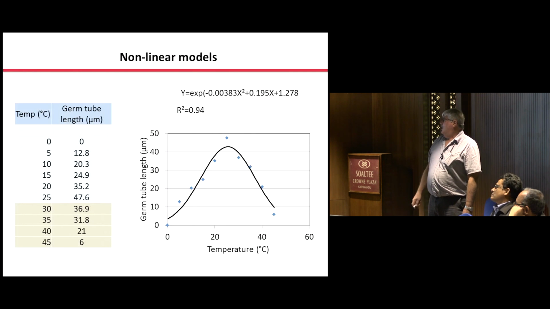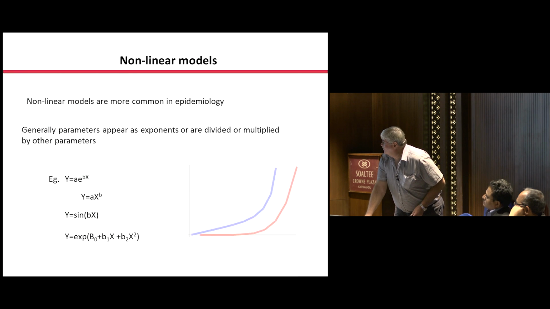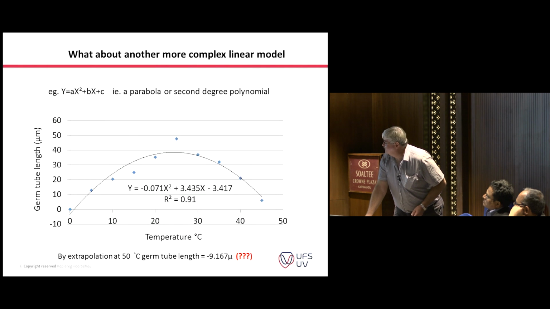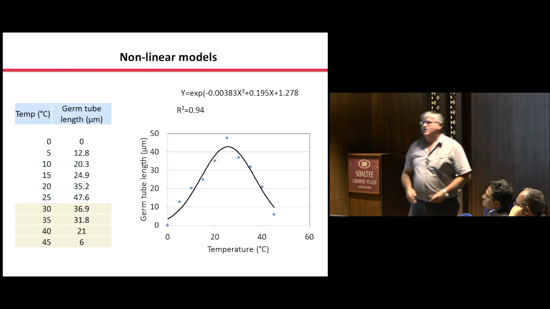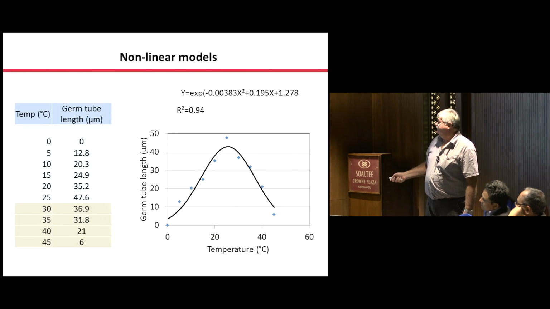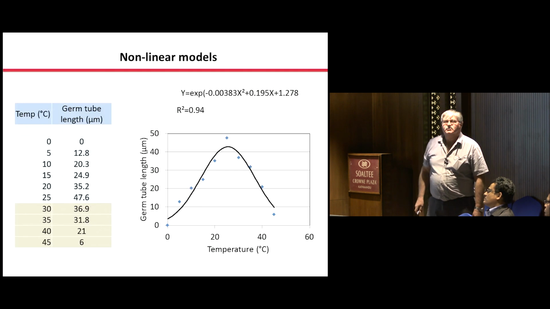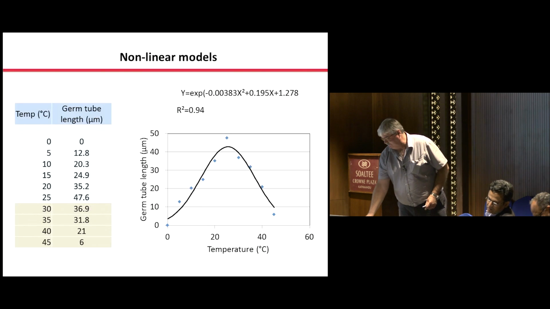If you look at the R square value of 0.91, here I'm at 0.94. Not a big difference, but it might be a better fit of reality. Unfortunately, you're never going to get down to 0, but you're going to get close to 0. So at least it's a better and closer fit.